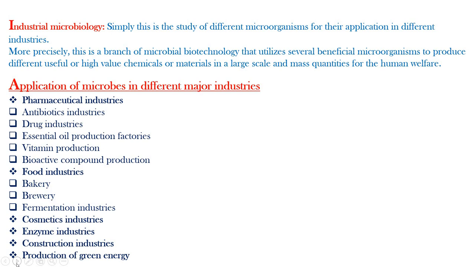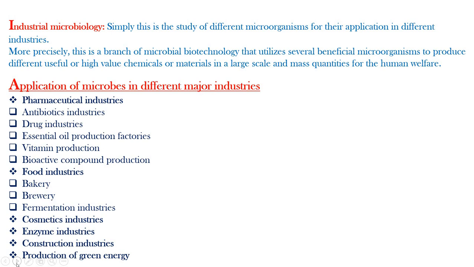So what are the different industries where the application of microbes is seen? There are mainly 6 to 7 industries like pharmaceutical industries, food industries, cosmetic industries, enzyme industries, construction industries, and definitely the production of green energy, which is completely new and has a high hype.